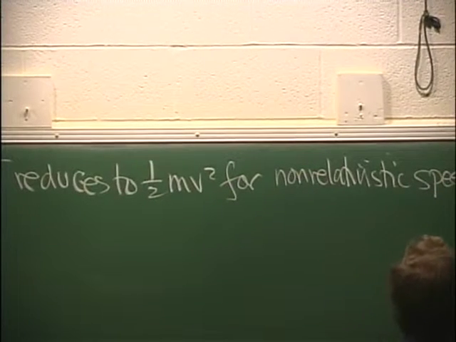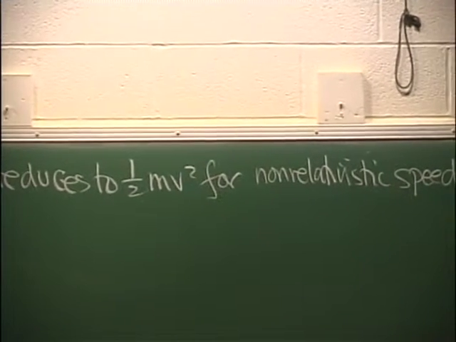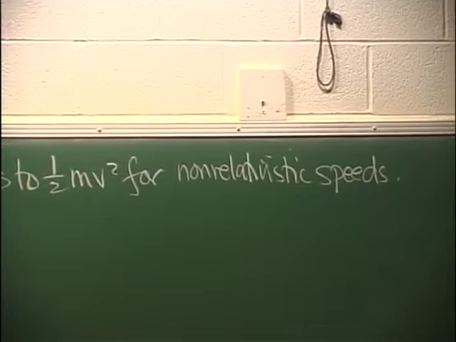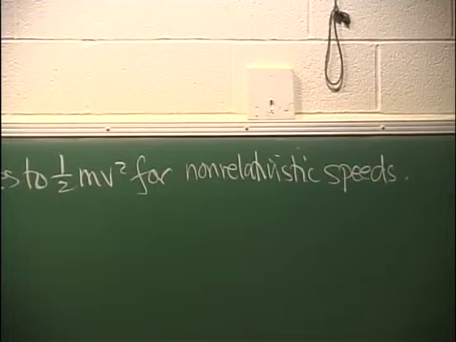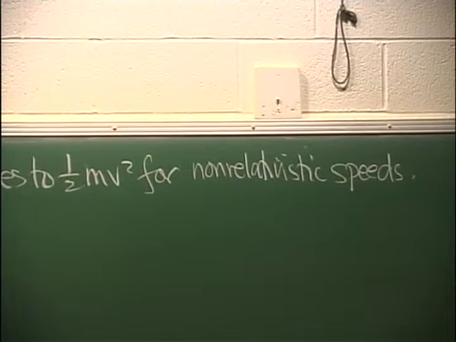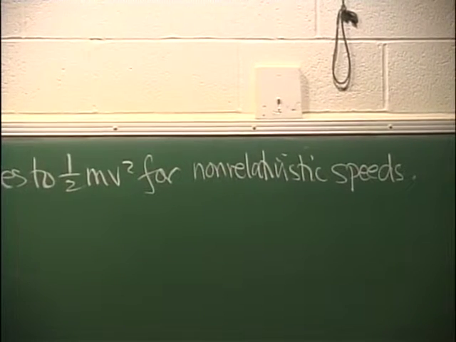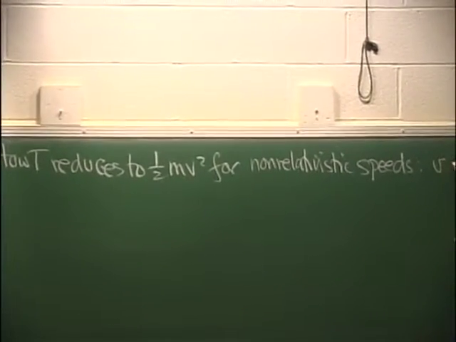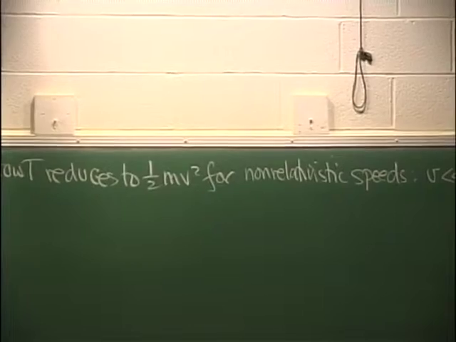By the way, what would I mean by a non-relativistic speed, technically? Something where relativity is not going to be relevant anymore. That means v much less than c, right? If you get velocity up close to c, then it's going to be relativistic. But I'm talking about v much less than c.